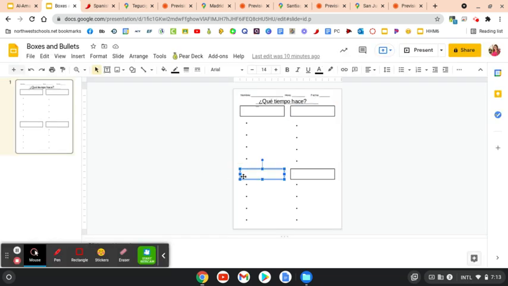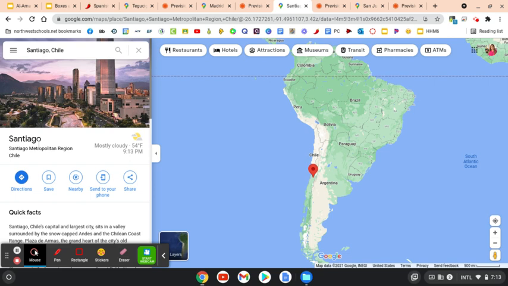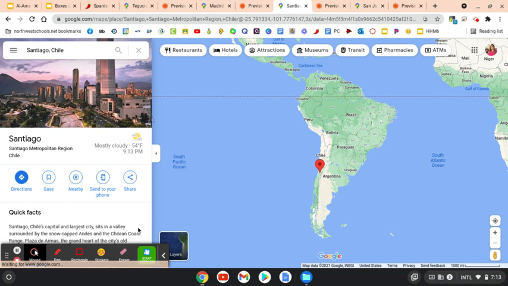En la tercera caja, por favor, escribe Santiago, Chile. Santiago, Chile. Clase, Chile es un país, it's a country, en América del Sur.